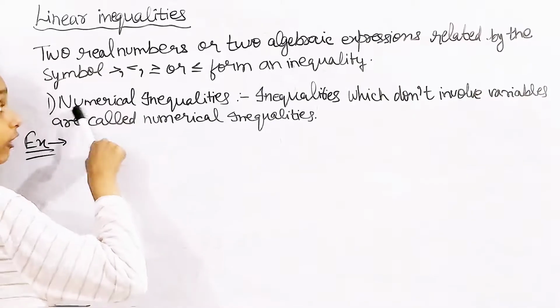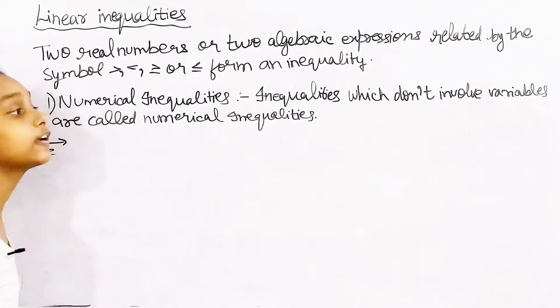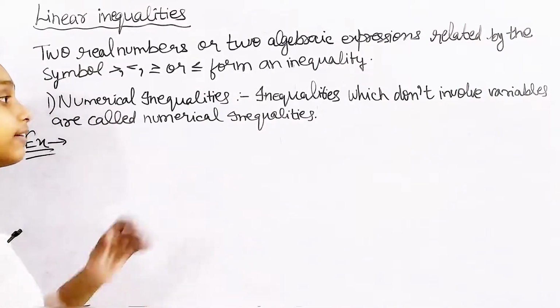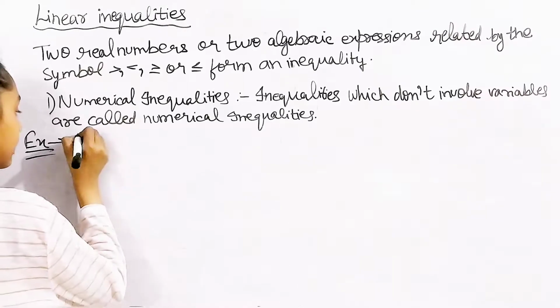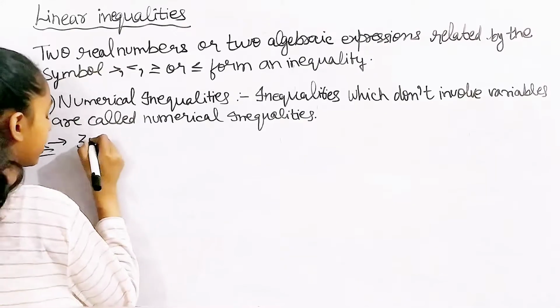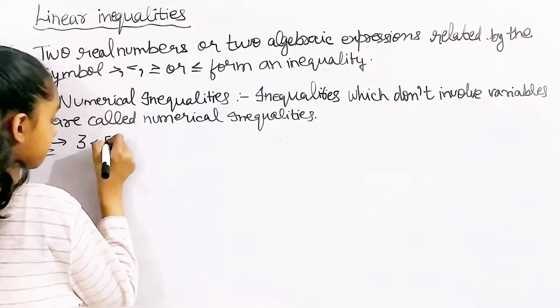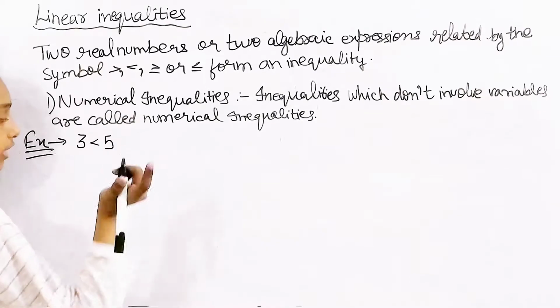Numerical, related to the numbers, like those inequalities which don't involve variables. What I can say is, I even gave an example like this: 3 is less than 5, which means 5 is greater than 3 and 3 is less than 5.